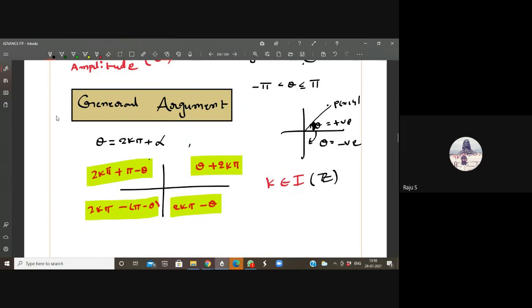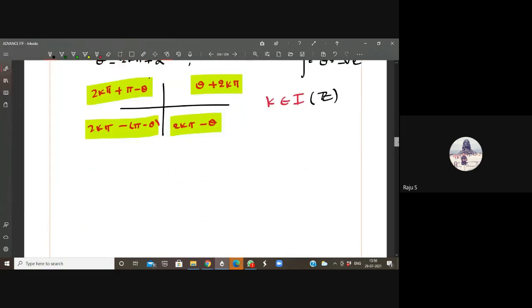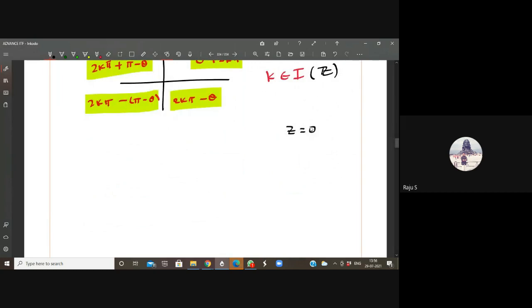So what is the argument of 0? Anyone? What is the theta value when I take z equal to 0? Tan inverse of y by x. If you do not remember, simply remember the formula: tan theta is y by x.